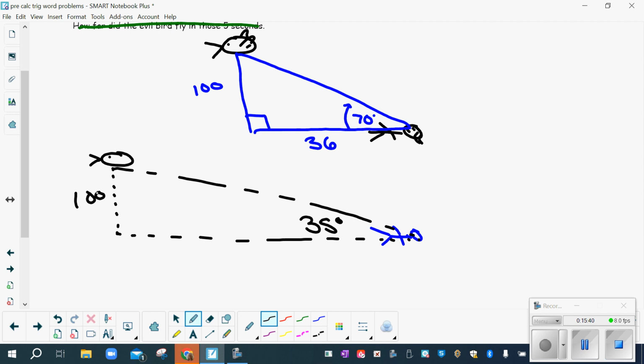We're doing the second part because the bird kept flying, right? So we want to know 5 seconds later, now how far away is it? Yes, we're going to subtract, right? Which side are we looking how far it is from? If you did this right here, it's going to be good.